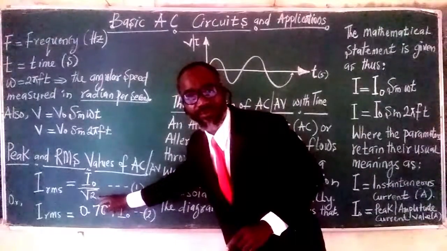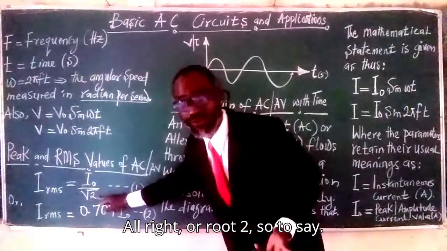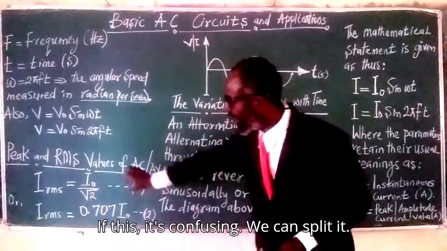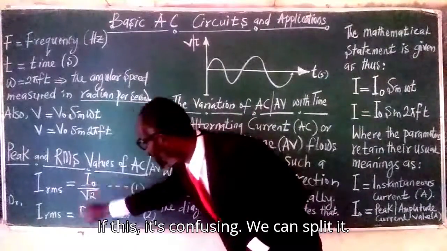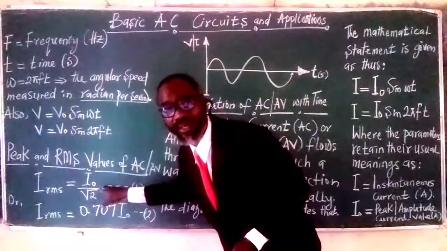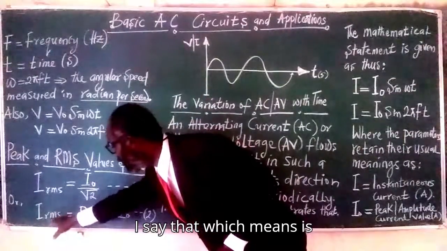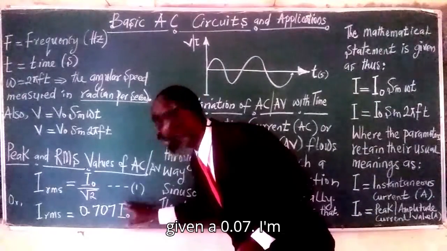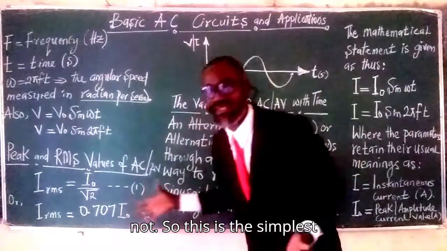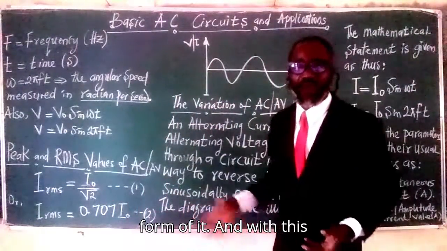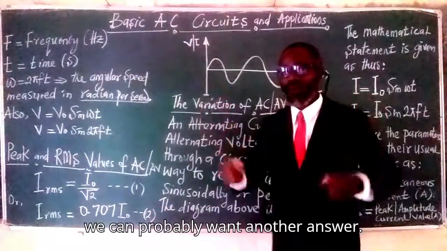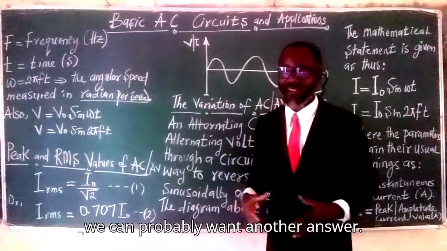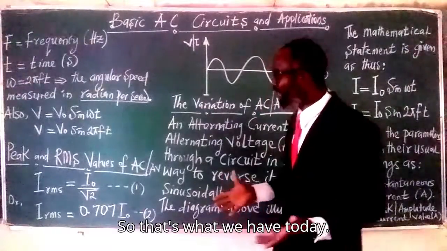Or we can simplify this further by saying that root mean square current is given as 0.707 I naught. This is the simplest form of it, and with this, we arrive at the answer. So that's what we have today.